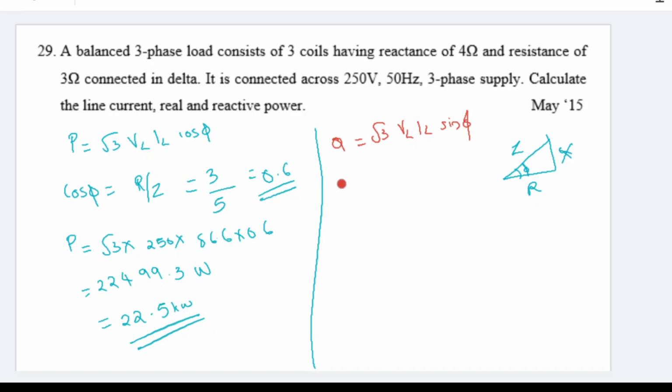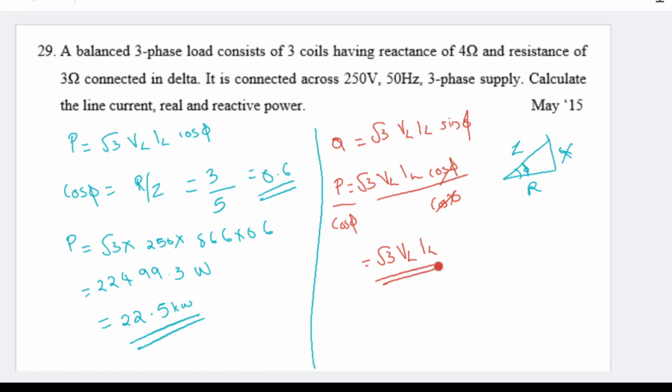Or what you can do is, you have found out this active power, isn't it? Active power is equal to root 3 VL IL cos phi. If I take this active power divided by cos phi, the cos phi will cancel and you will get the value as root 3 VL IL.